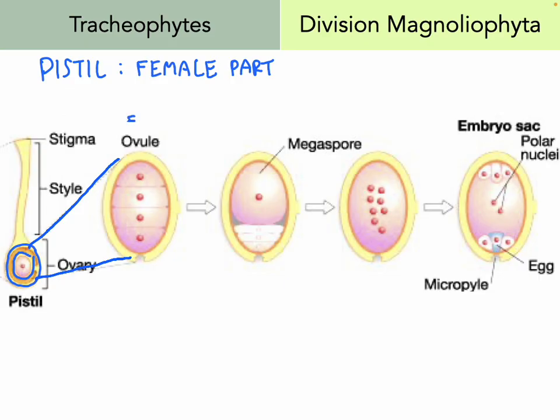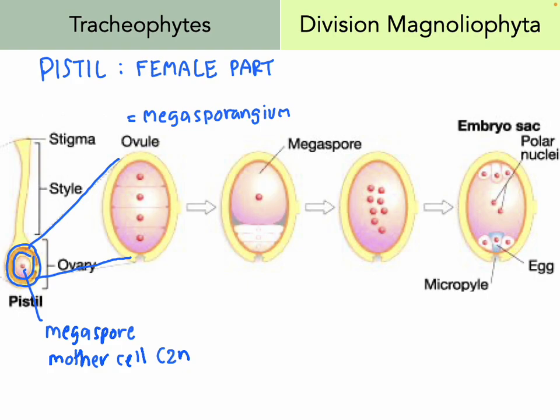This ovule act as megasporangium. So from this megaspore mother cell, megaspore mother cells 2N, it go through meiosis. This become megaspore.